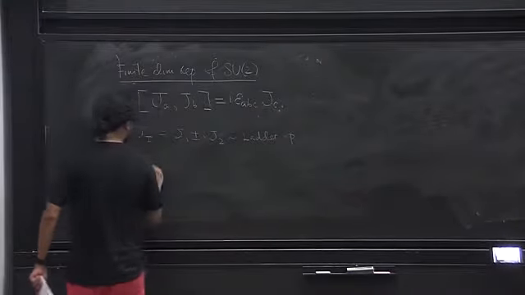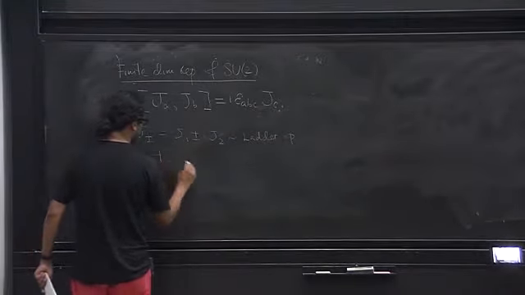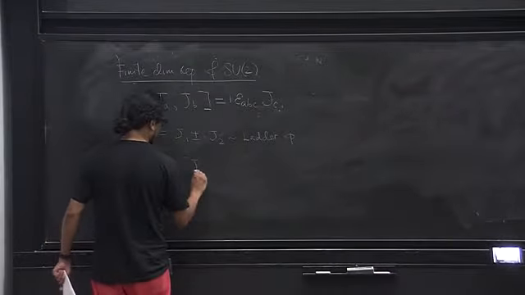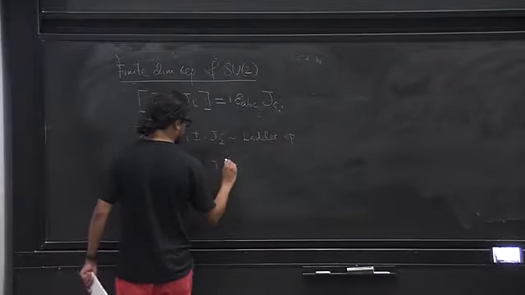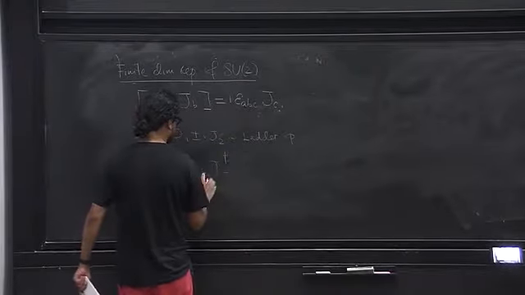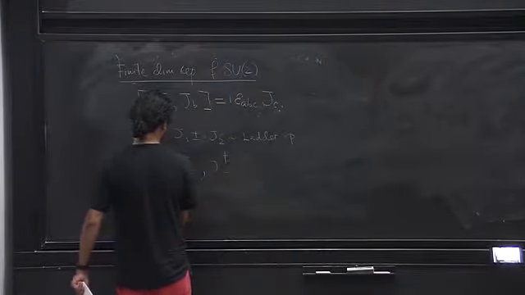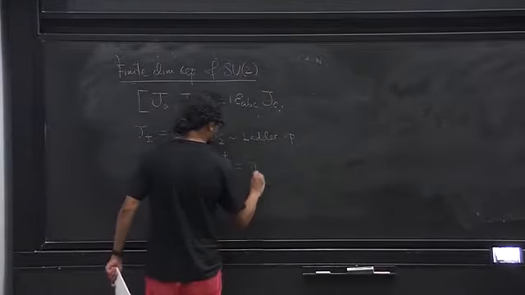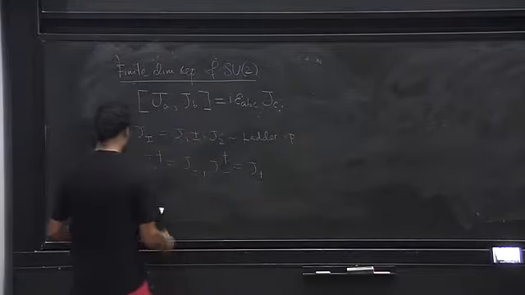And these ladder operators are not Hermitian. So if I take the Hermitian conjugate of J plus, I get J minus, and vice versa.